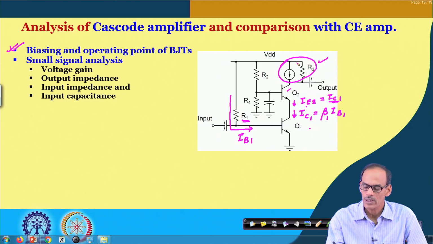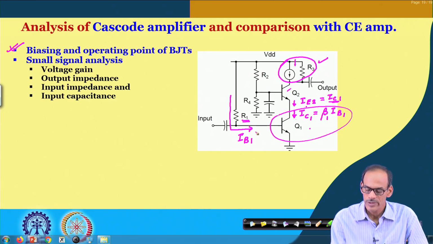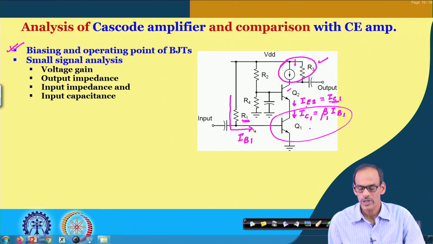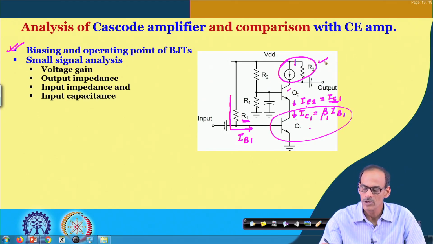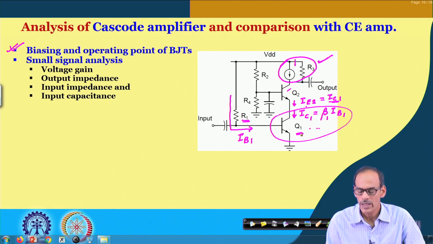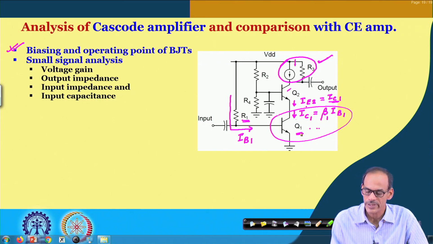The current source here must be consistent with whatever current is set by this R1. Okay. So, here we assume that the balancing of the current source and the current sink defined by Q1 are consistent, and hence the rest of the things are taken care of.